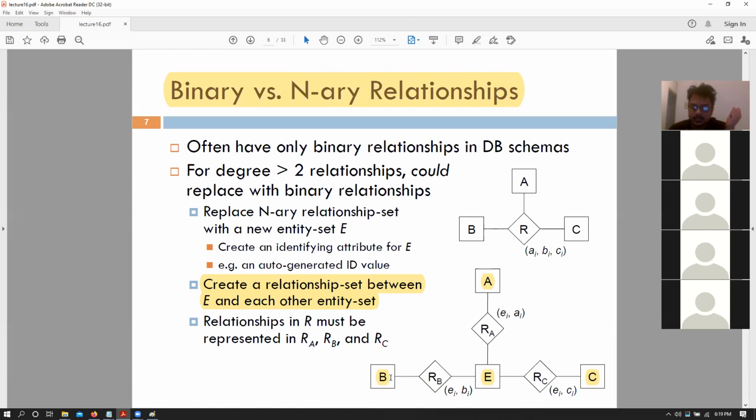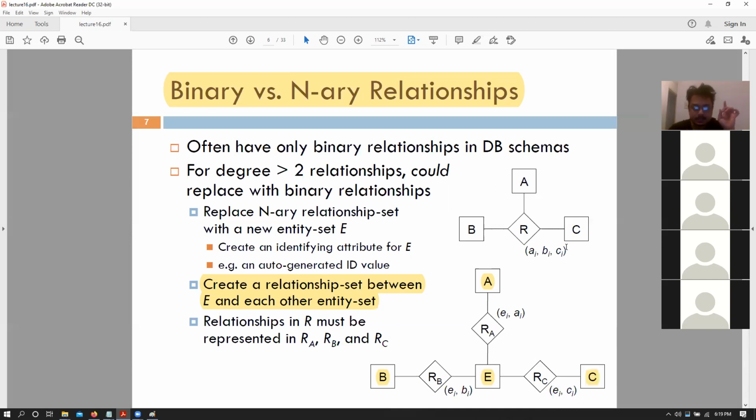So RB basically relates B and E together with EI and BI. RA relates A and E with EI and AI. RC relates E and C with EI and CI, right?